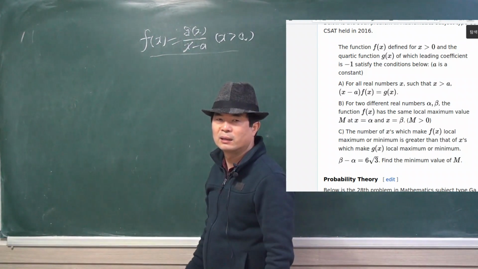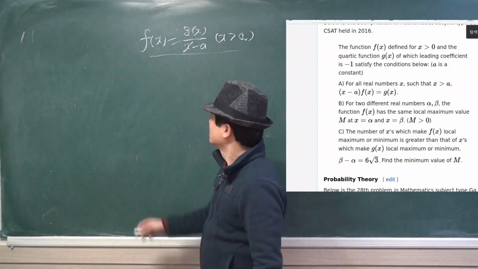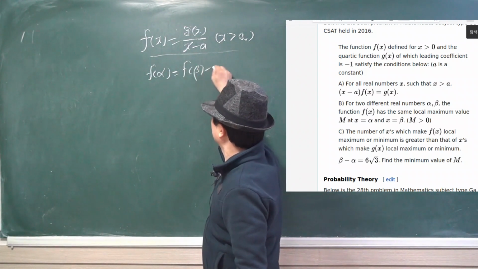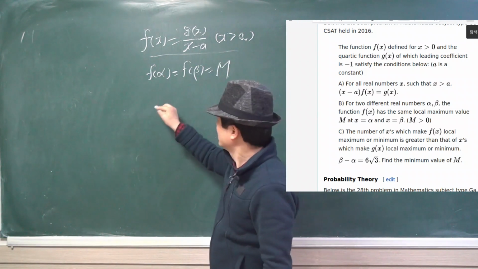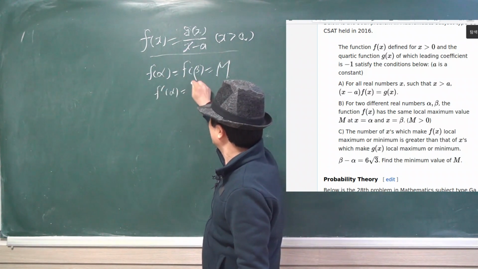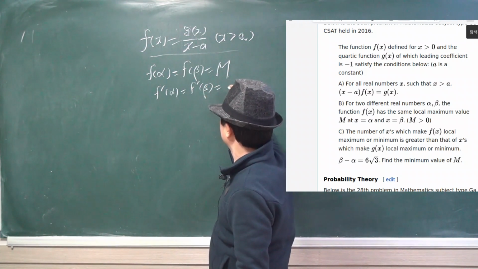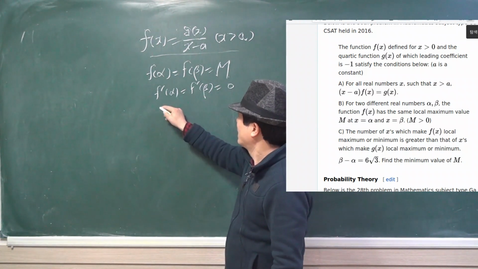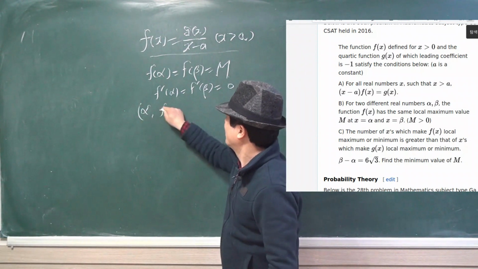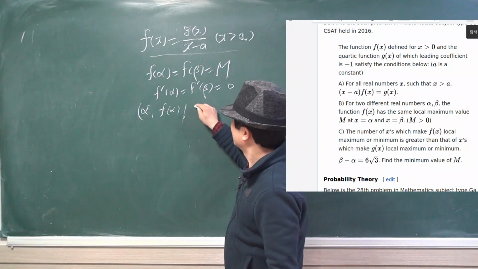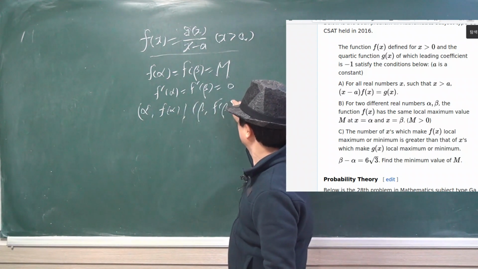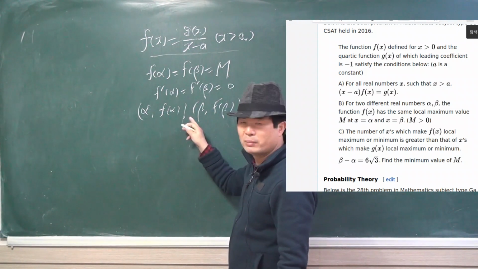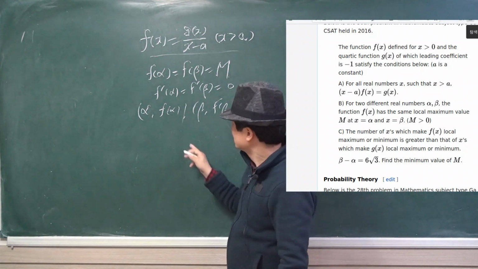And there are other conditions. f(alpha) equals f(beta) equals m, and f'(alpha) and f'(beta) are 0, since f(alpha) and f(beta) are local maximum points.